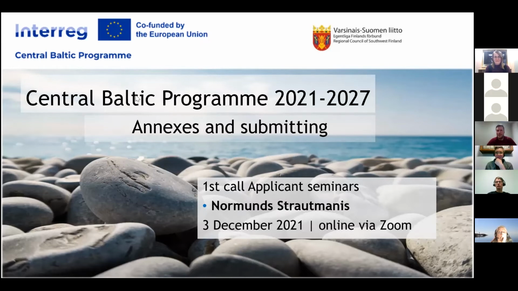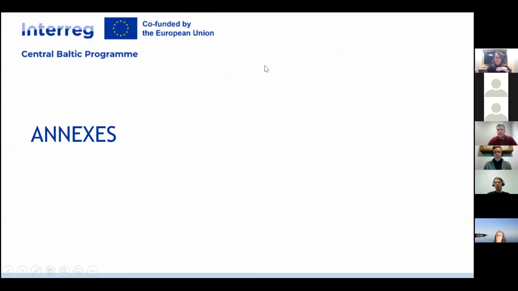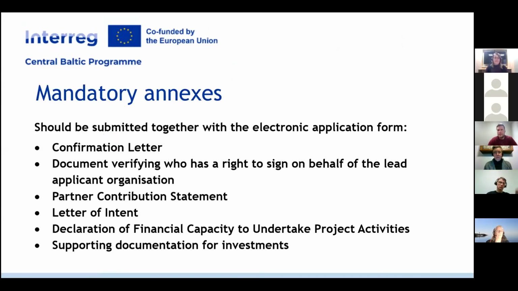Yes, thank you, Laura. So I will continue from here, and I will introduce you to those additional documents you should submit when applying in GEMS. And then I will also tell a bit about those practical steps that should be taken when applying. So let's start with the annexes or other attachments to the application form.